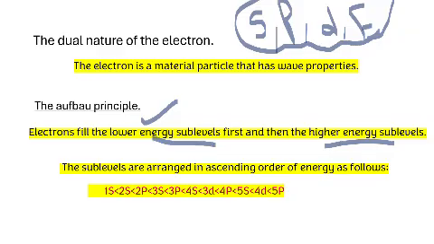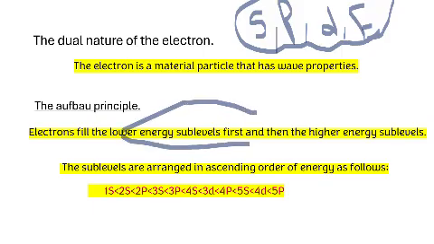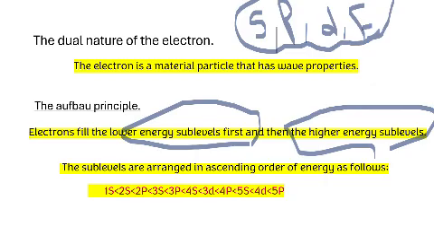We can also say the Aufbau principle states that electrons fill the sublevels of the lowest energy before filling the sublevels of the highest energy. Here we have lower energy sublevels and higher energy sublevels. As a building up, I move ascendingly from the lower energy sublevels to the higher energy sublevels.